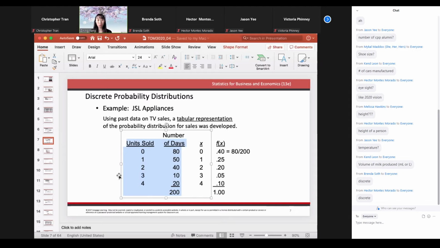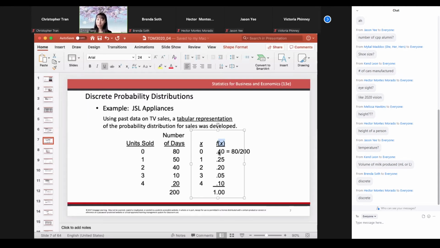On 40 days, the store sold 2 TVs. On 10 days, it sold 3 TVs, and on 20 days, it sold 4 TVs. So that's the frequency. And remember, we mentioned calculating relative frequency when we learned about histograms. Now in the context of probability distribution, that relative frequency is called probability. And the notation for that is f(x), meaning the probability of the x value.